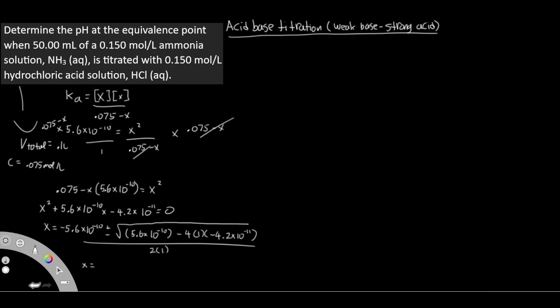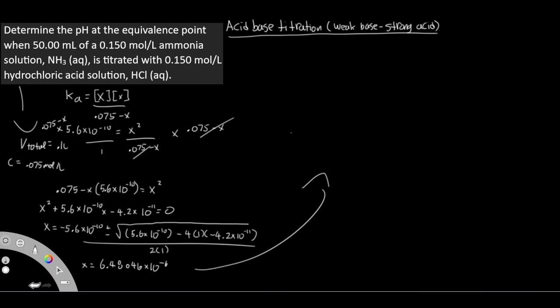So what do we get for x value? If you do the math, you end up getting x is equal to 6.46 times 10 to the negative 6.